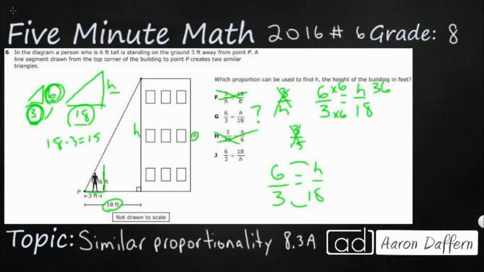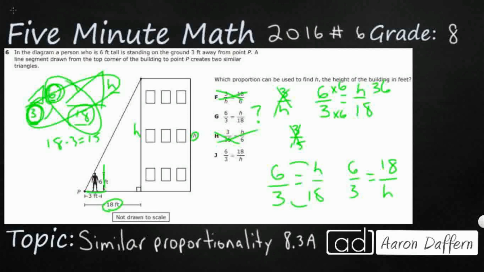They actually flipped it, giving us 6 over 3 equals 18 over H. And that doesn't work because the 6 doesn't match up with the 18, and the 3 doesn't match up with the H.